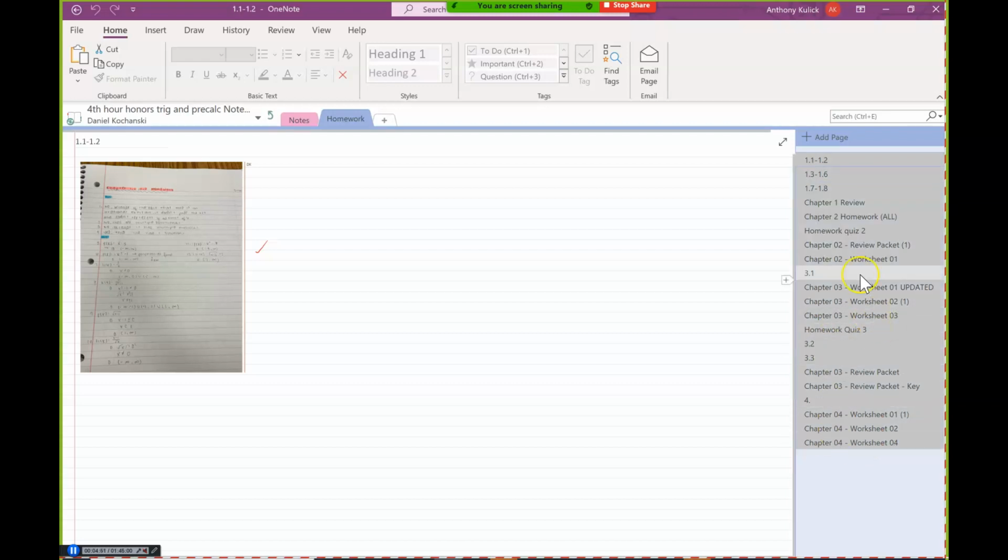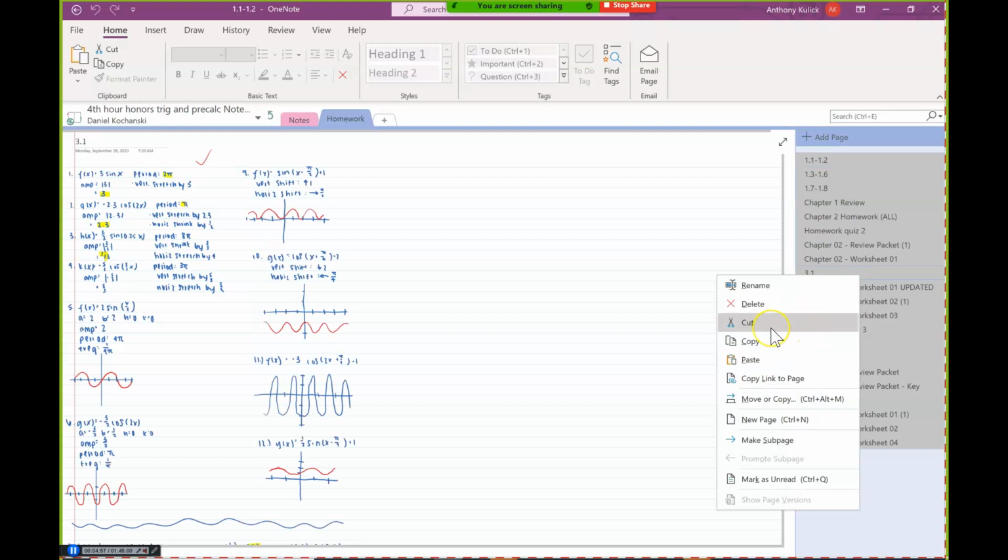And they all highlight. And then you can just right click and pick Cut, and it'll cut all those pages and you can paste them somewhere else. Okay, that's what you needed? Yeah, thank you. You're welcome.